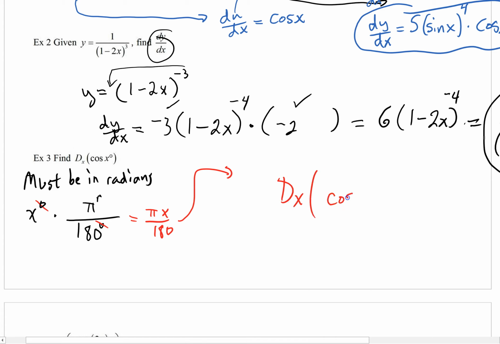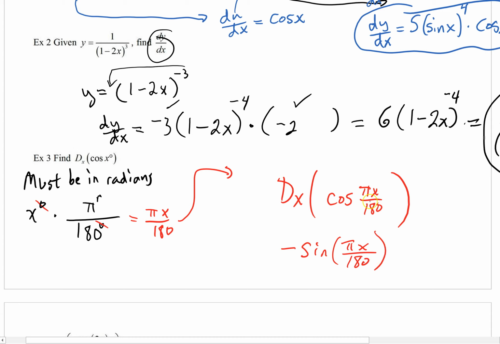Wow. You know what we're really asked to do then? We're really asked to take the derivative of this thing. That's an altogether different problem that will require the chain rule. Derivative of the outside. Well, what's the derivative of the outside function cosine? It's negative sine. There you go.